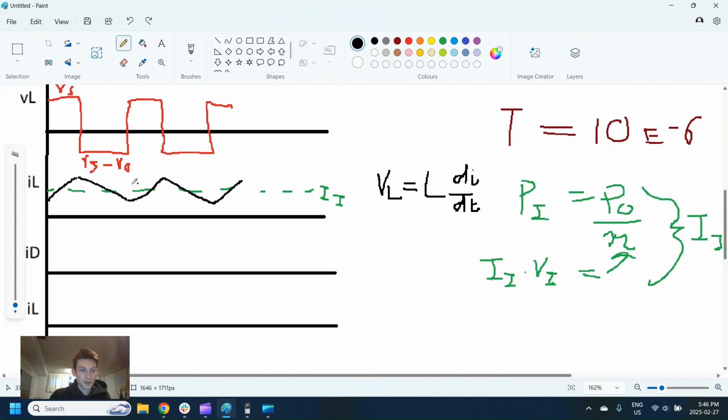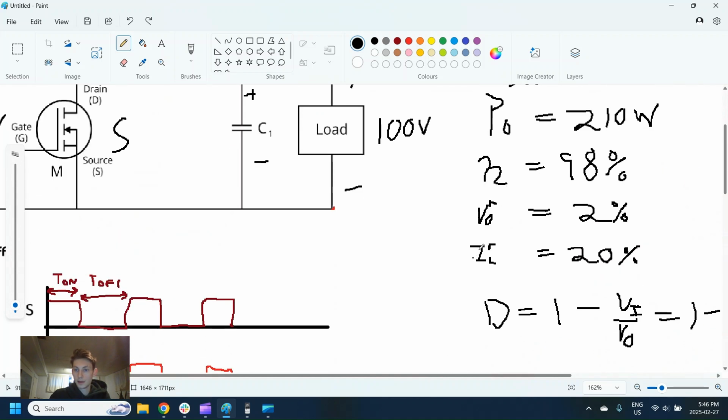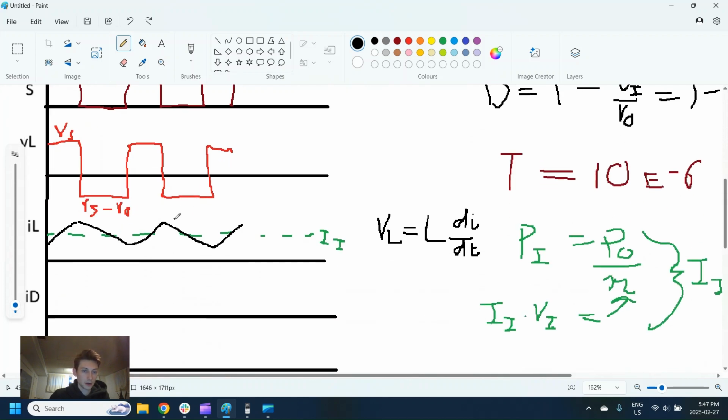We don't necessarily know how much it's going to peak at, but the clue here is this term, the current ripple, which is peak to peak. This is the current ripple in the inductor. So we know that between the peak and the bottom is going to be 20% of the average, which is this. So we can actually calculate these values. We know the peak and we know the trough.